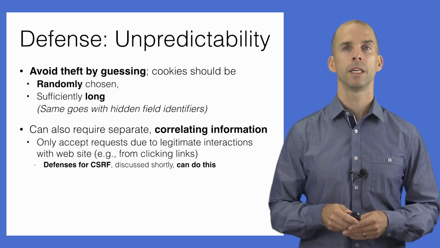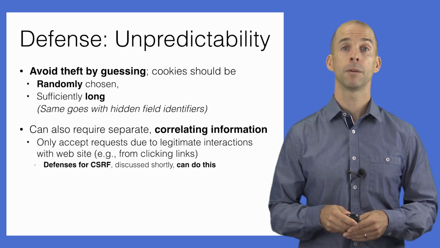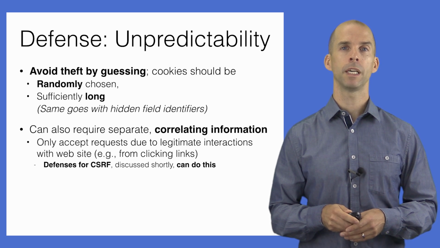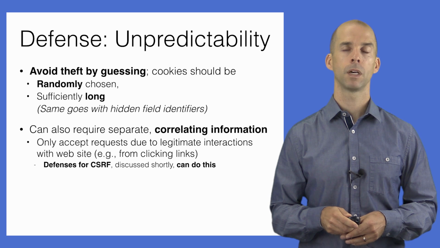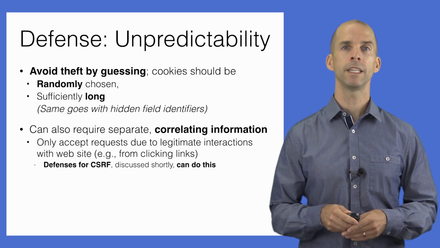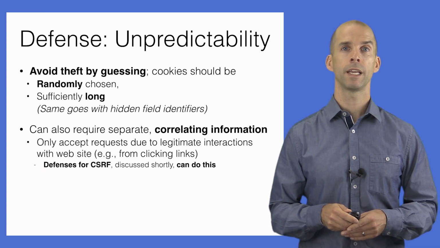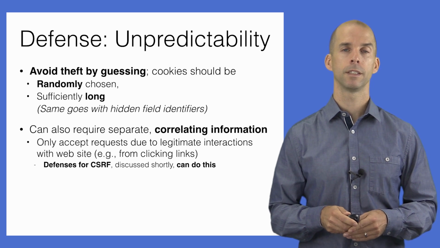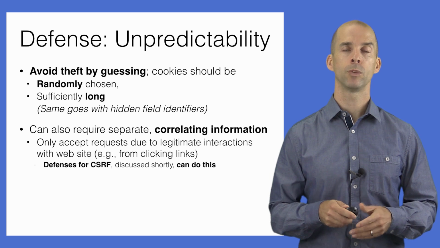For example, if the user is currently looking at a web page that shows his bank accounts, but then a request comes in asking for a transfer, the website should be able to tell that the request is not valid. This can be done by storing hidden fields on pages or using the referrer attribute so that impossible requests, even with a proper cookie, are rejected. This same sort of protection is used for CSRF attacks, which we will discuss shortly.